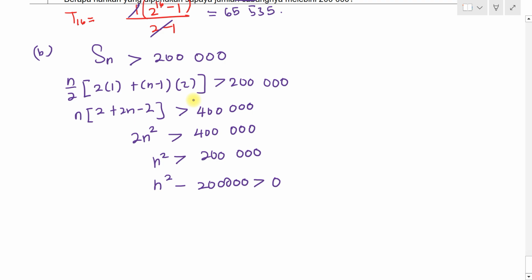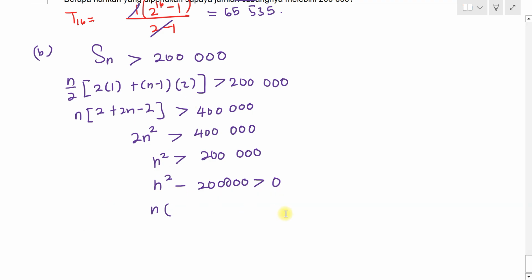I need to check whether this one can factorize or not.